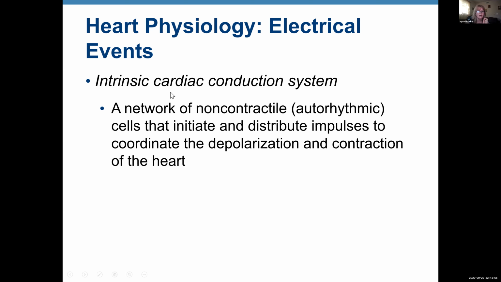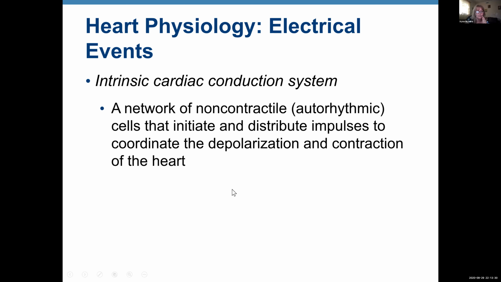So the intrinsic cardiac conduction system is a network of non-contractile cells that initiate and distribute impulses to coordinate the depolarization and contraction of the heart. If you look at the heart as a muscle, most of those cells are regular contractile cardiac muscle cells. But some of them are cells whose function is not to contract.